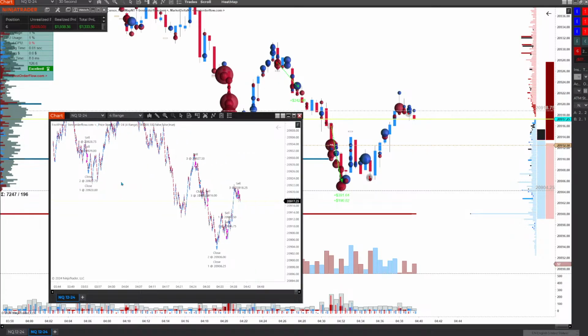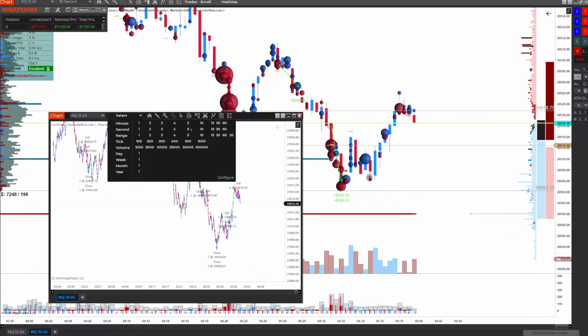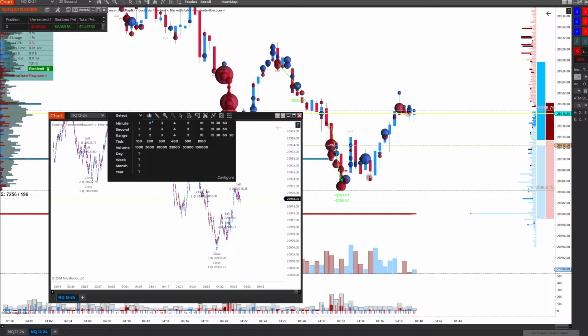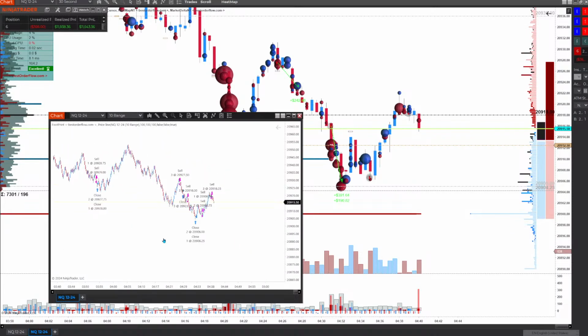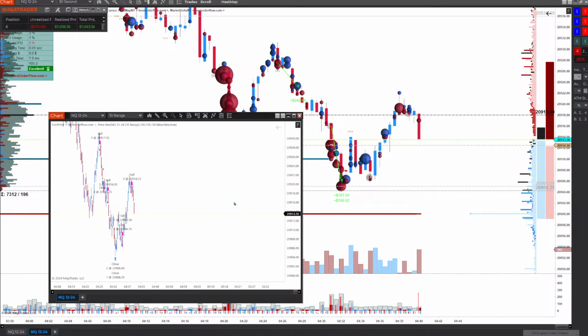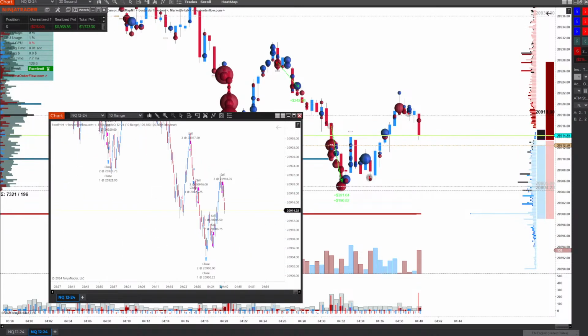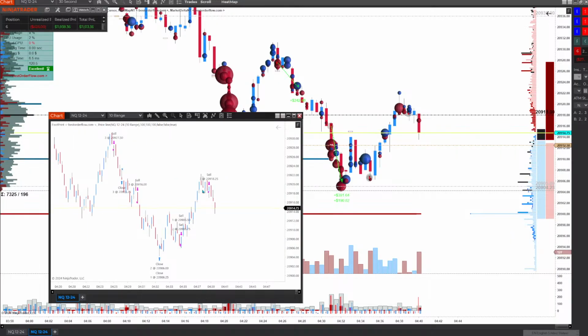Why? This is a 4 range. A 4 range is not what I needed. I need like a 10. Where is the range? I need a 10 at least. Okay, 10, here we go. So the price filled out that insufficiency on the left side.